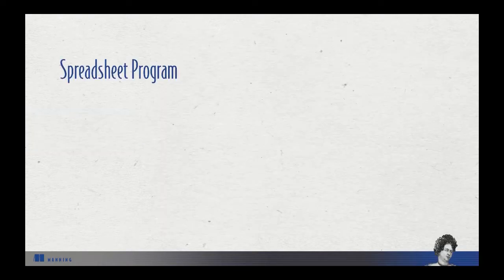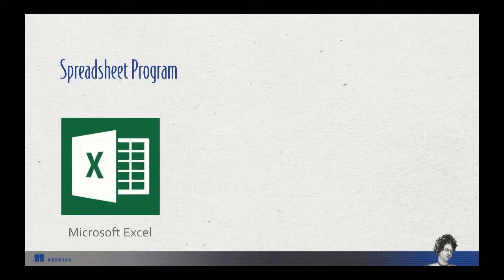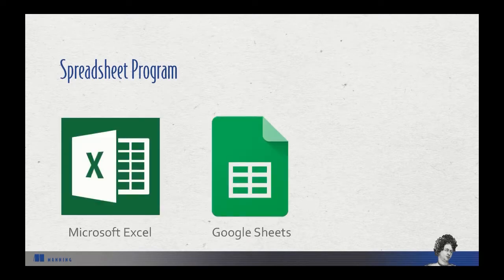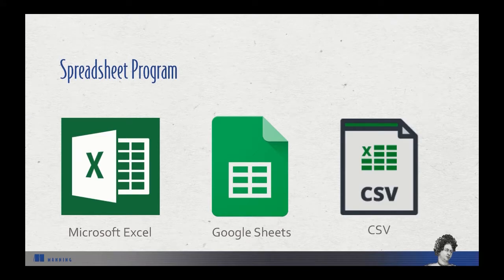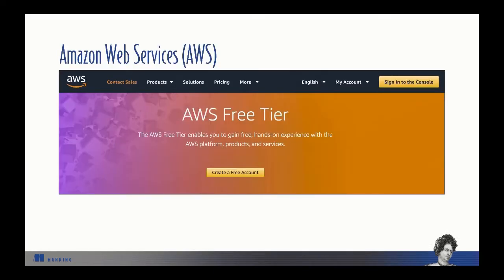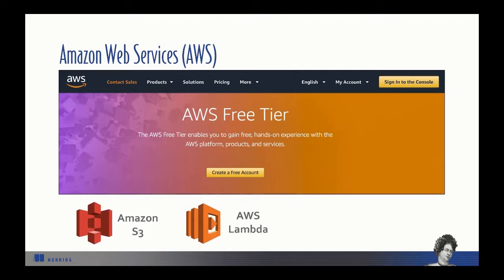Also, some familiarity with a spreadsheet program like Microsoft Excel or Google Sheets to produce and read CSV files will be helpful. You will also need an AWS free tier account and some knowledge of Amazon Web Services. I do want to point out that most of the AWS services we use in this course fall under the free tier.